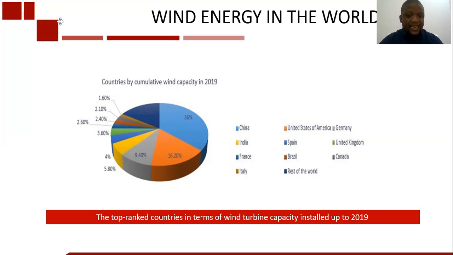China is the leading nation, followed by the United States of America with more than 16.2%, and China itself has 36%. You can see different countries also like India, France, Italy, Spain, Brazil, United Kingdom, Canada, and Germany. And also you can see the rest of the world, which is 16.10%.